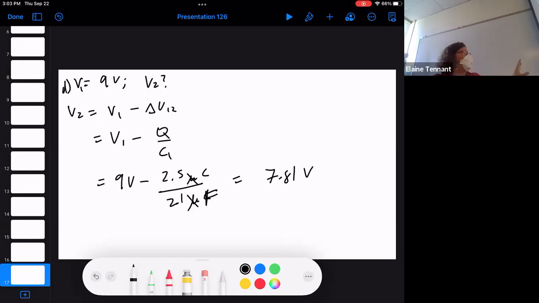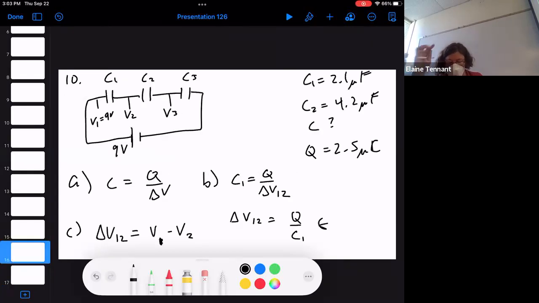Let's talk a little bit about our minus signs, because I did pull a bit of a fast one there, where I switched those two. If we're starting off on the positive edge of the battery at 9 volts, once we get to the negative edge of the battery, we need to be at 0 volts, right? So across each capacitor, we expect the voltage to go lower and lower.